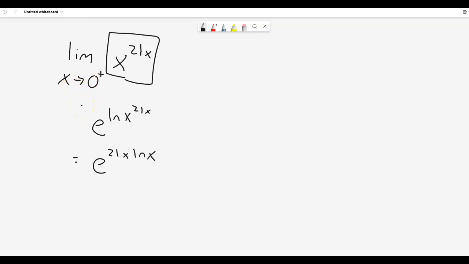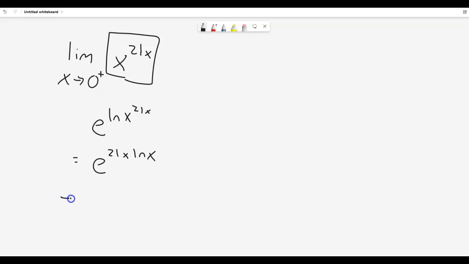Now, if we take a look all the way back to limits, page 106, theorem 2.12, we know that if we have a function that is both continuous and differentiable on the interval, which x raised to the x is, anything right of 0, and this is a composite function, that means we can take the limit using the inner function.